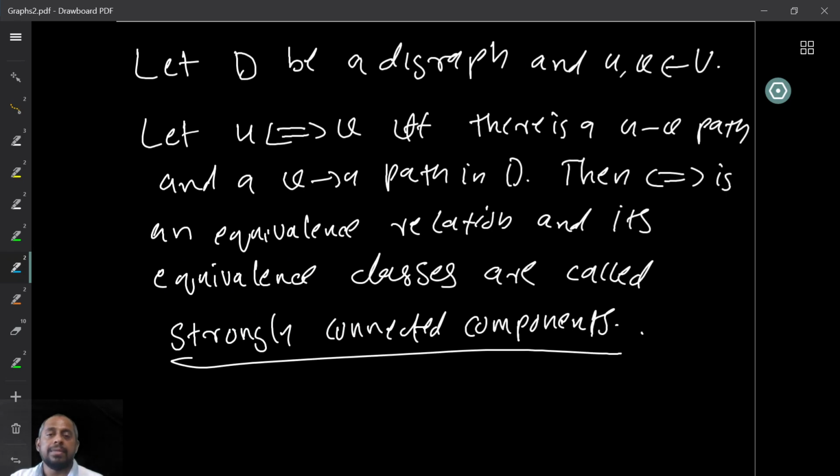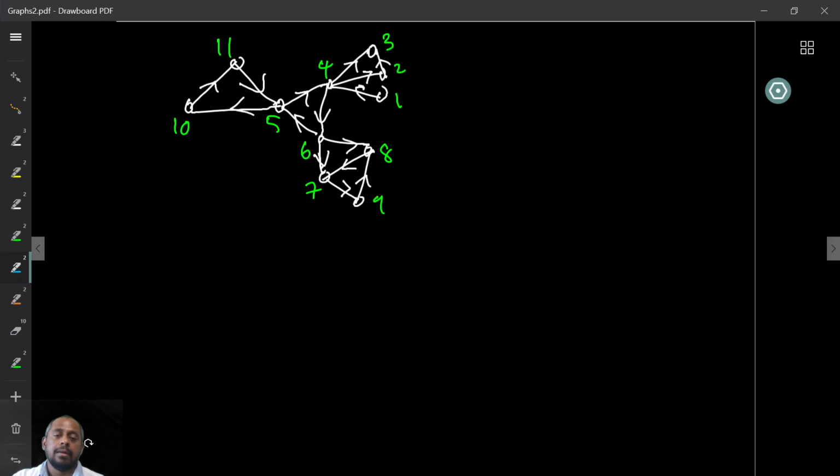Now, given a digraph G, we can similarly define an interconnection between a pair of vertices U and V. But here we are saying that they are interconnected if and only if there is a UV path and also a VU path, right? Because directed paths we are looking at. Then again, in this case, the interconnection relation is an equivalence relation, and the equivalence classes are called strongly connected components. Okay? This is very similar to the previous definition. So here is a graph, and let us look at the strongly connected components, right?